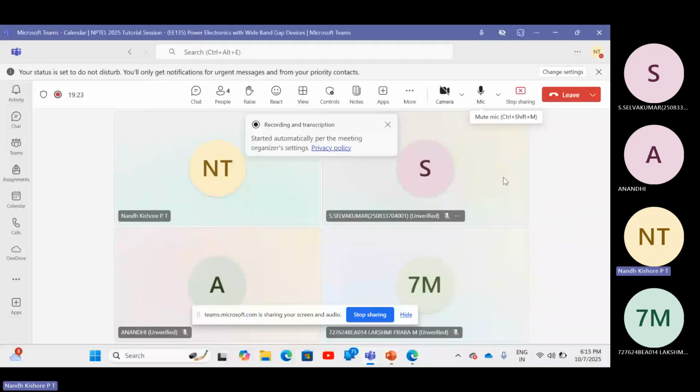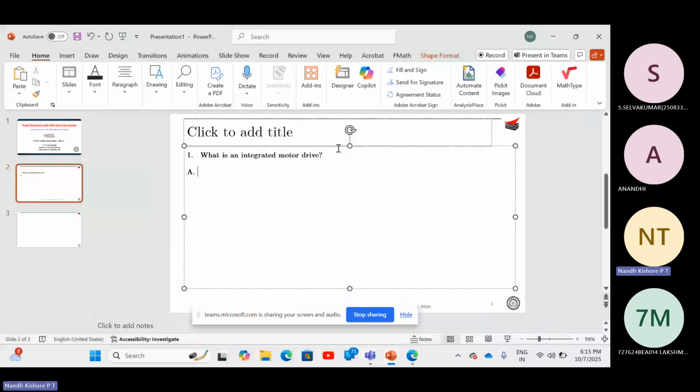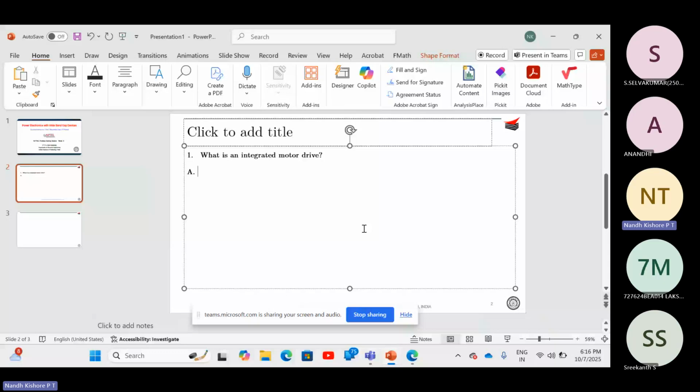Sorry, it was muted. So I was asking you, what is a motor drive? What is the converter that drives the motor? Let's take a practical example. I have a 72 volt battery, and I want to drive the propulsion motor of a two-wheeler or a three-wheeler.